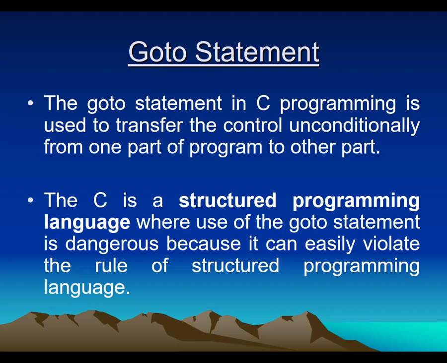The go to statement in a C program is used to transfer the statement of the program unconditionally from one part to another part. C is a structured programming language where the use of the go to statement is dangerous because it can easily violate the rules and regulations of a structured programming language.